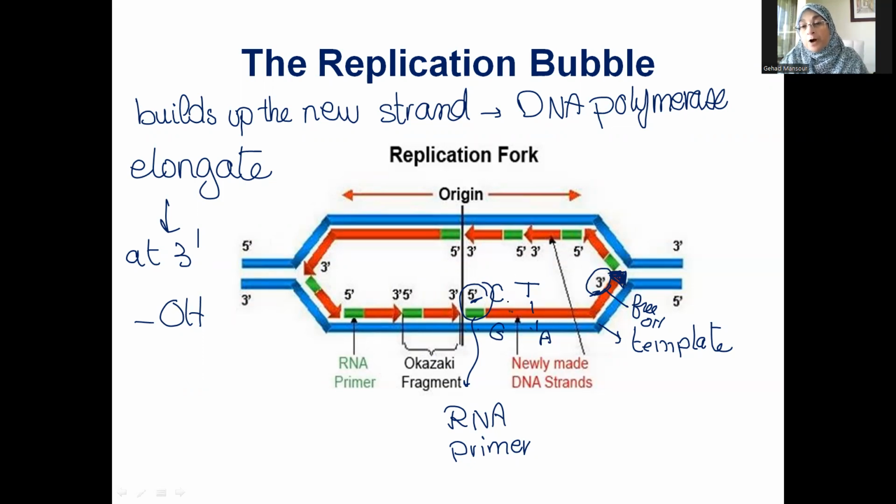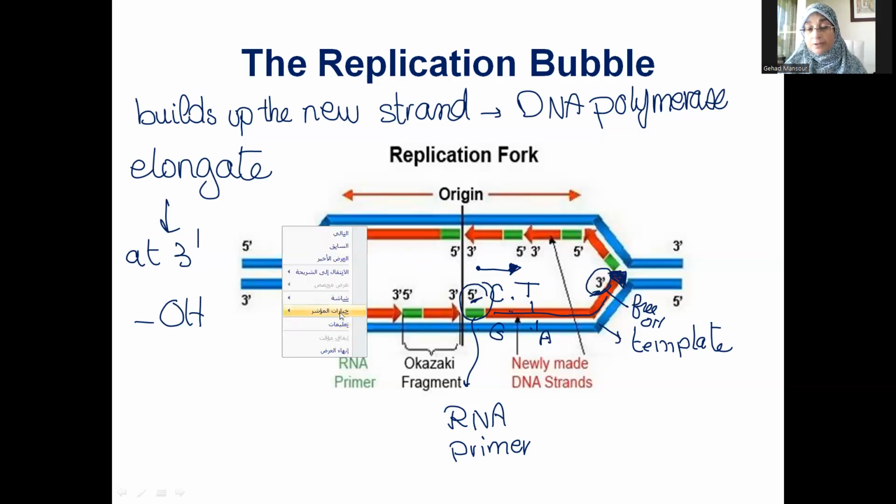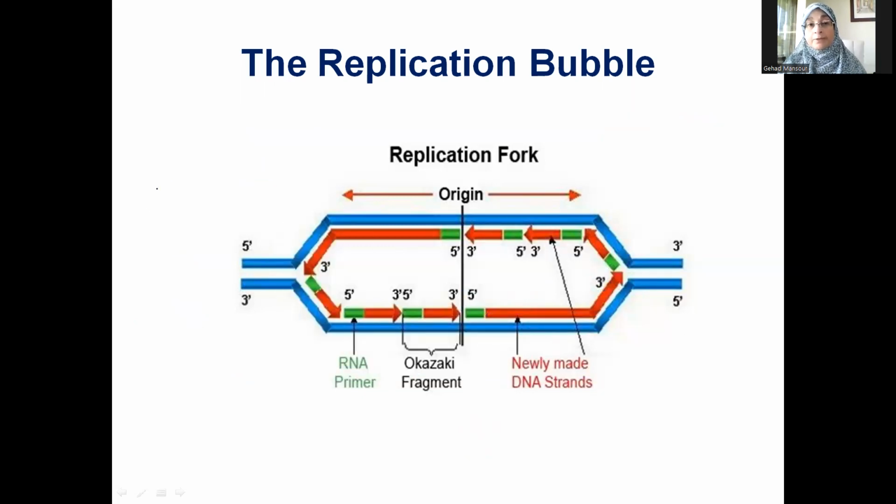But the problem is that if DNA polymerase, as it is walking along the DNA molecule, tries to build the new strands at the same time, it will build this strand in the 5' to 3' direction. It would be okay, it is fine. And why am I saying this? Because when you build a new strand, you have to take care of the direction of the template strand.